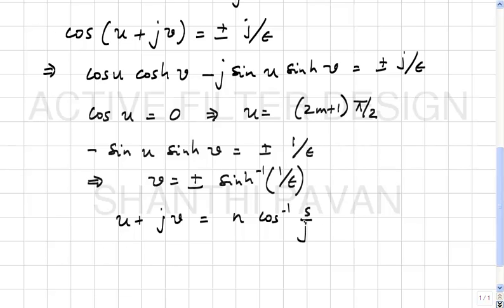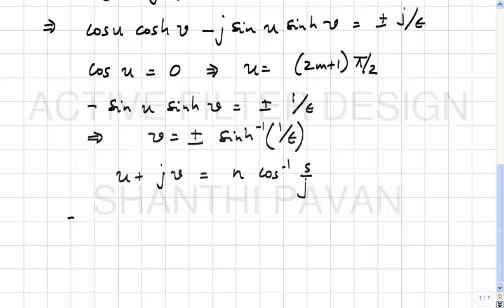In other words, we are trying to get at the s's which will satisfy that equation. Correct? So this means what? Cos of, which means s by j, is nothing but cos of u by n plus jv by n. Does this make sense?